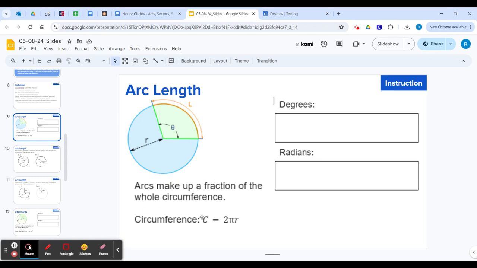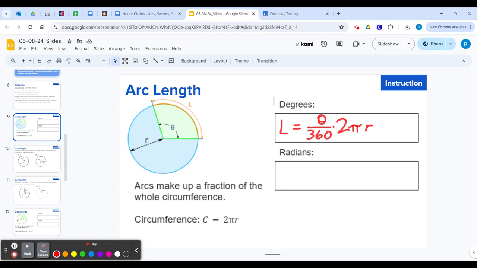So let's think back. Our circumference formula is 2 times pi times r right here. So if we wanted to calculate the entire perimeter, we go 2 times pi times r. If we wanted to find the arc length in degrees, we would use that 2 pi r, but in front of that, we would multiply by a fraction of whatever our angle is, theta, divided by 360 degrees.